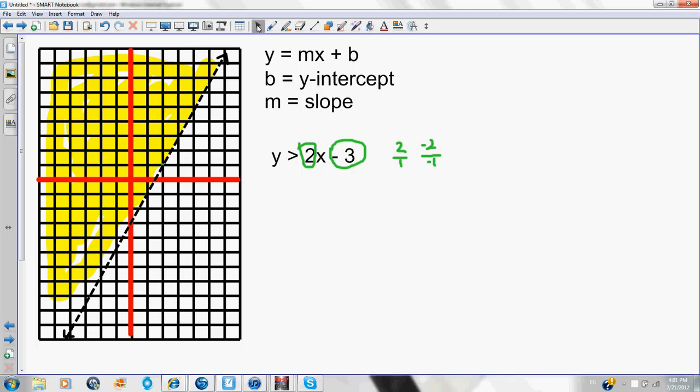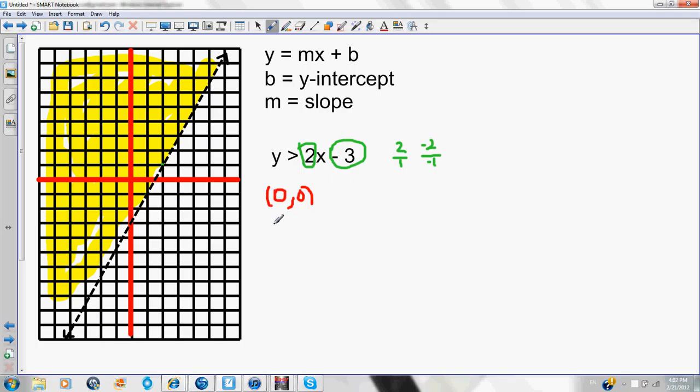And if we wanted to check, we could check a point near here. Oh, look, this would be an easy one to check. Let's check 0, 0, the origin, which is right here, and it's in the shaded area.